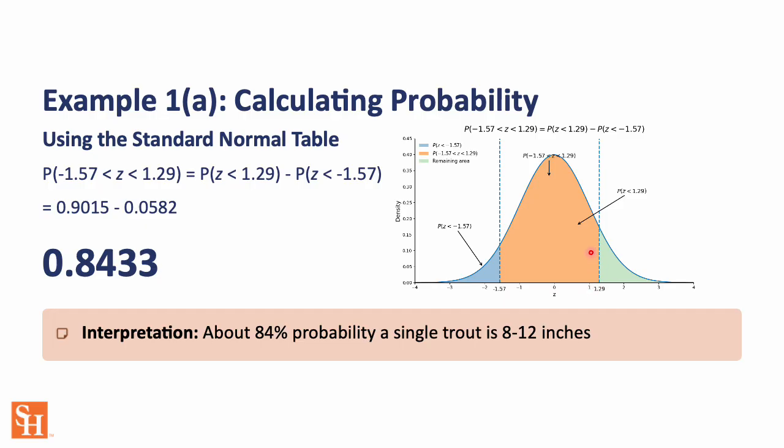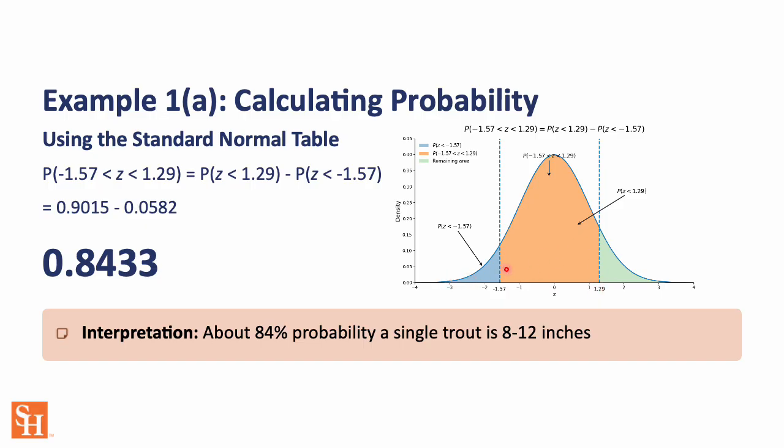Positive 1.29, this area. During our normal distribution lessons, we discussed how we can find this probability using the z-score table. I will not discuss that in detail here, but here is how we find this area. We will use only the left z table, so we can know all the area below 1.29.